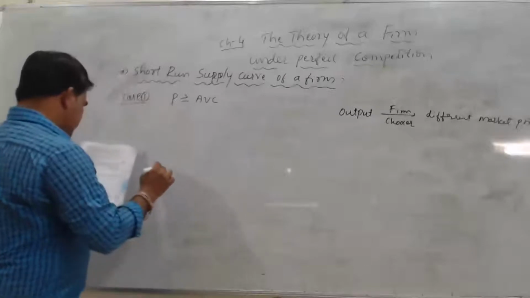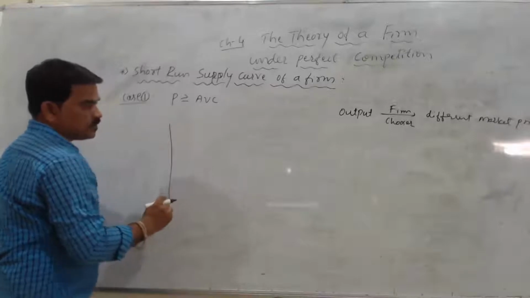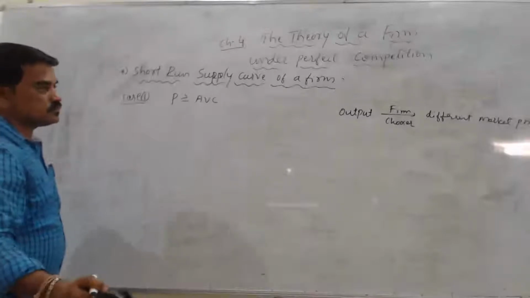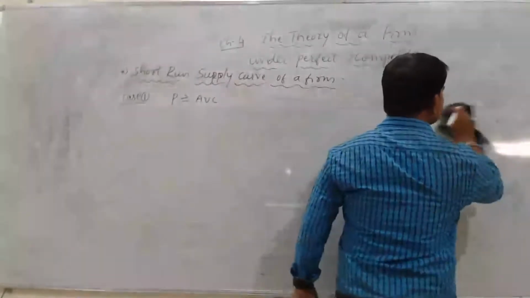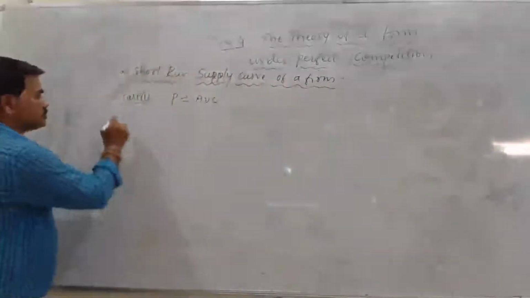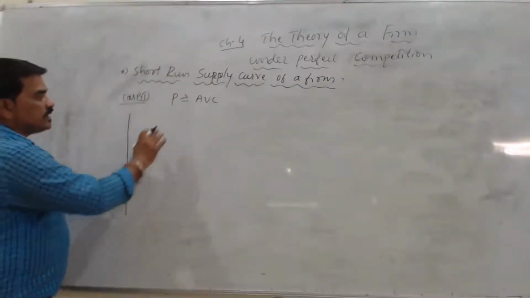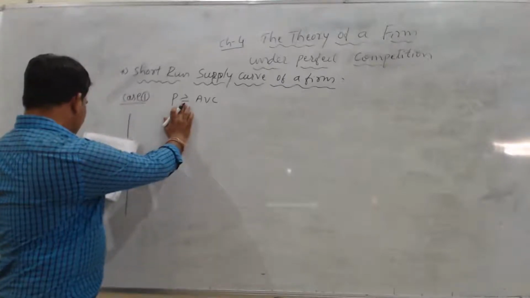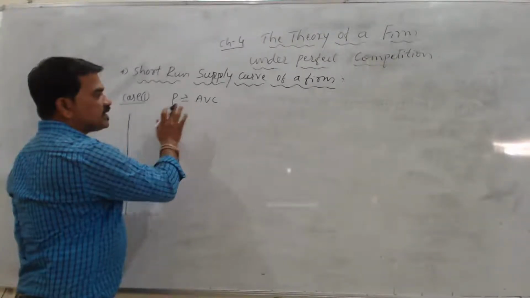This is the first case. In this we are saying that if price is greater than or equal to average variable cost, then it can make profit.